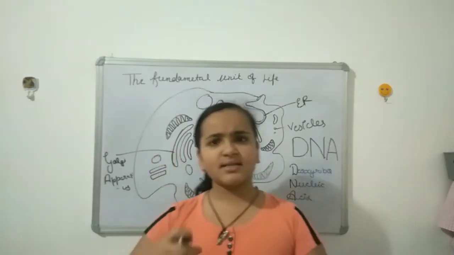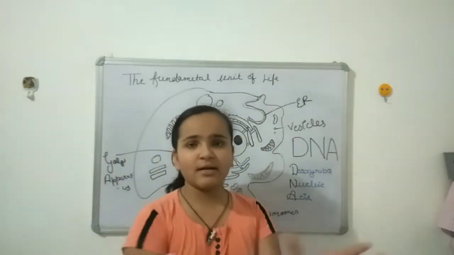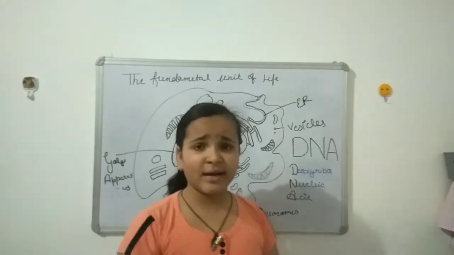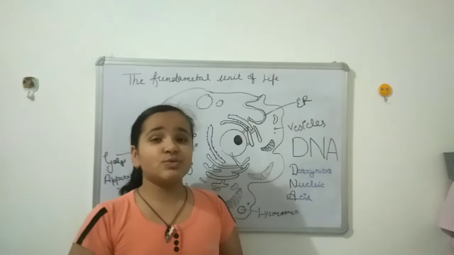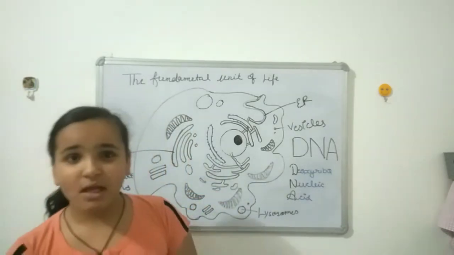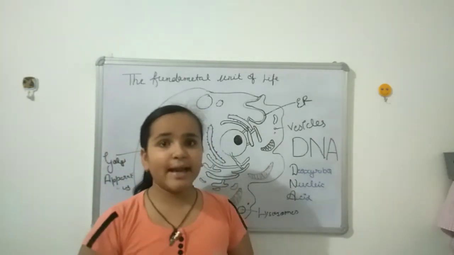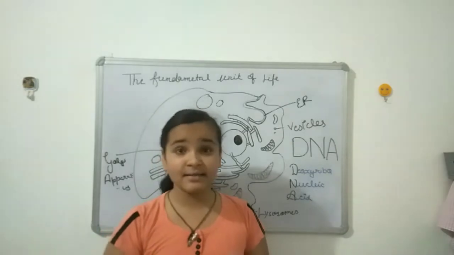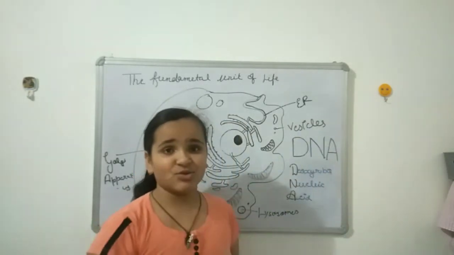Lysosomes just break down the enzymes into simpler components so that they can be digested. They are also called the suicide bags of the cell, suicide sacs of the cell. Why? Because suppose a cell dies, its enzymes also die, right? These enzymes are digested by the lysosomes.